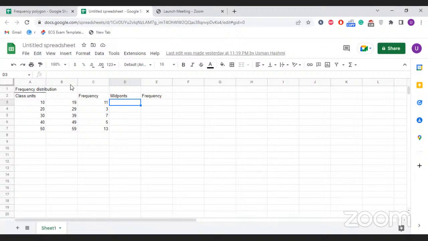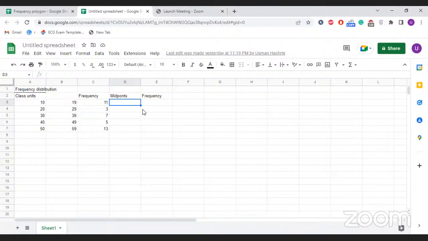Can you see the Excel sheet now? Yes. Okay, so this is just rough and raw data I have put into the Excel sheet. This is the class interval, like 10 to 19. I have put the data into class intervals.